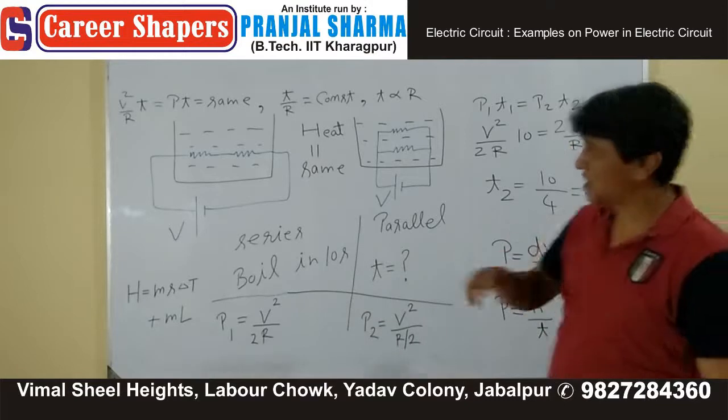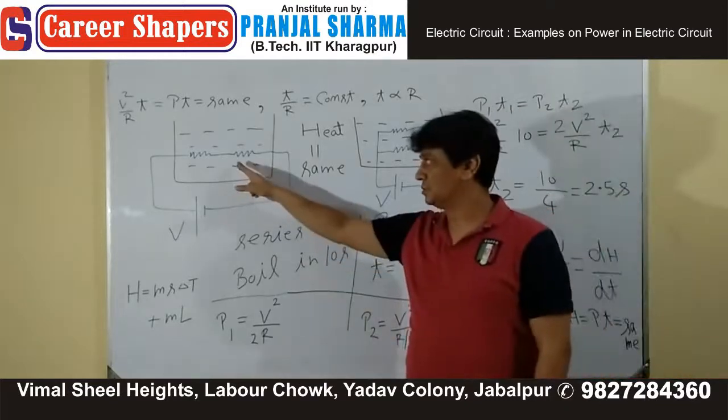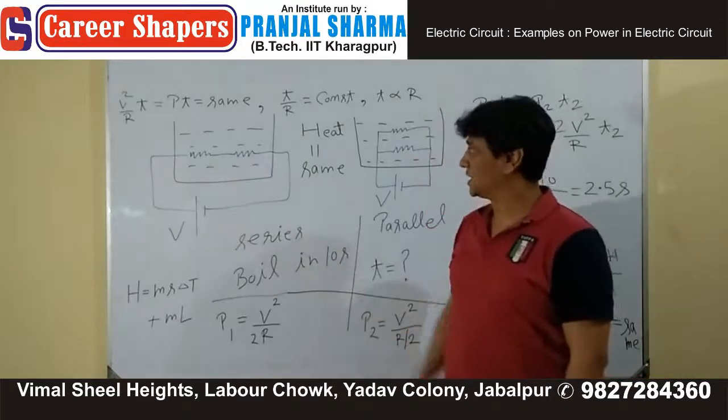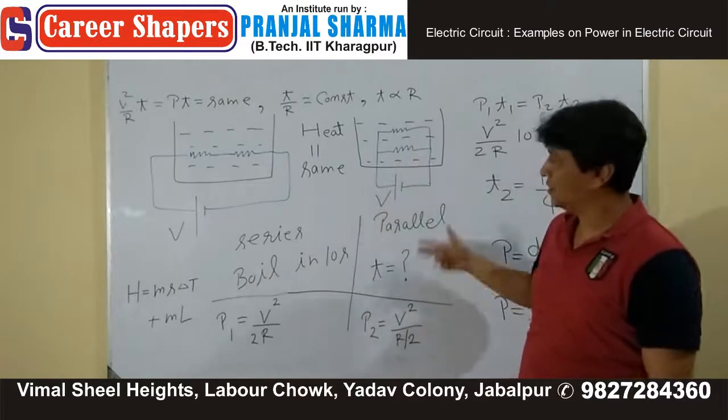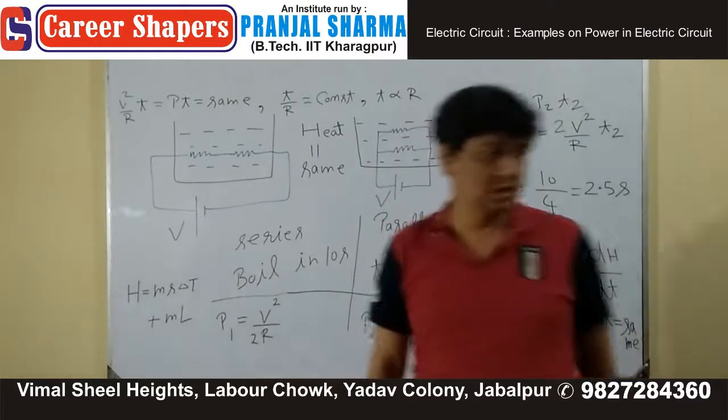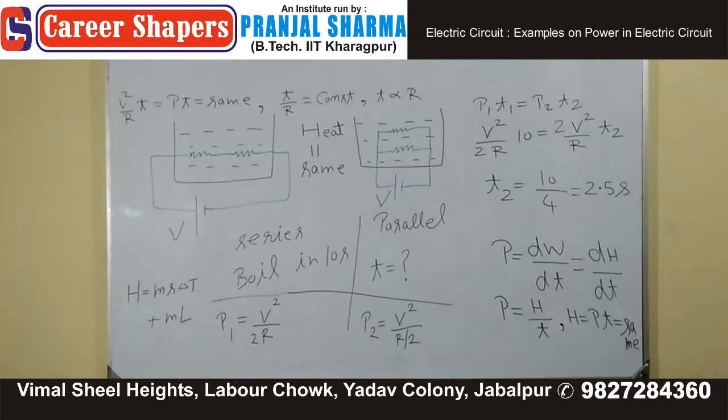The question is, now these two in series take 10 seconds, these two in parallel in what time? And the question is telling you that you have a source of constant current.